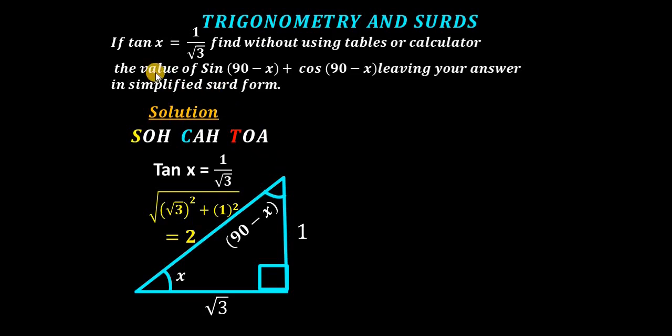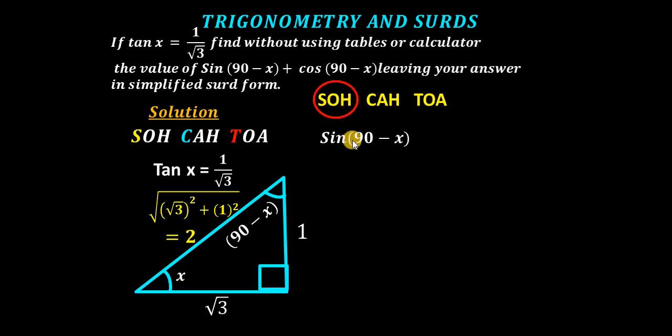Remember, we are required to find the value of sine of 90 minus x plus cosine of 90 minus x. Referring to SOHCAHTOA once again, we are required to determine sine of 90 minus x. Sine is opposite over hypotenuse.